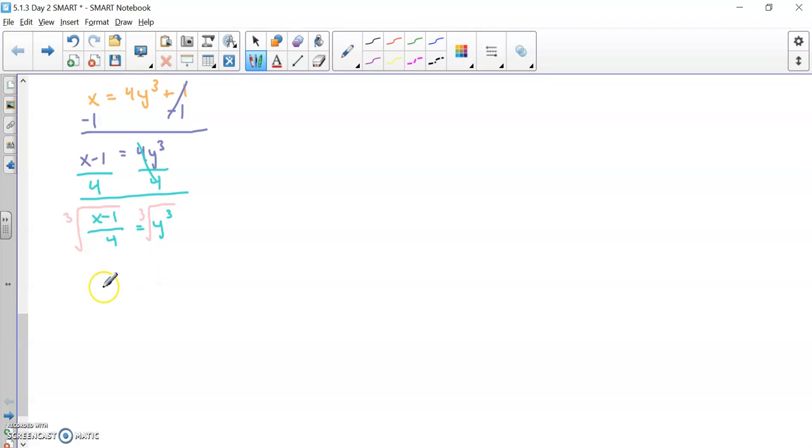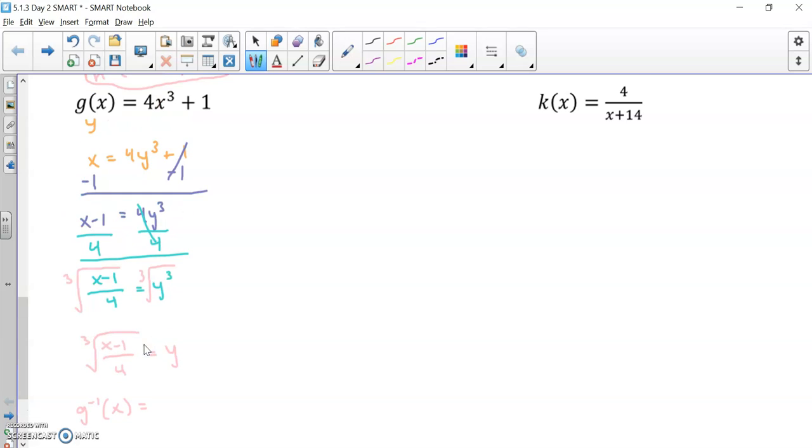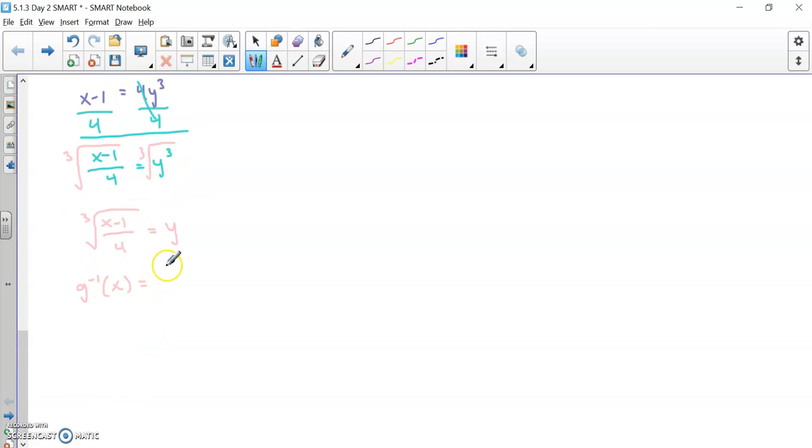So that means we end up with, on the left, x minus 1 over 4, and on the right, just y, because cube rooting a cube is just going to cancel the cube. And then I'm done. I will just rewrite this in the correct notation. I used a g this time because this was g of x. Alright, and that is it.